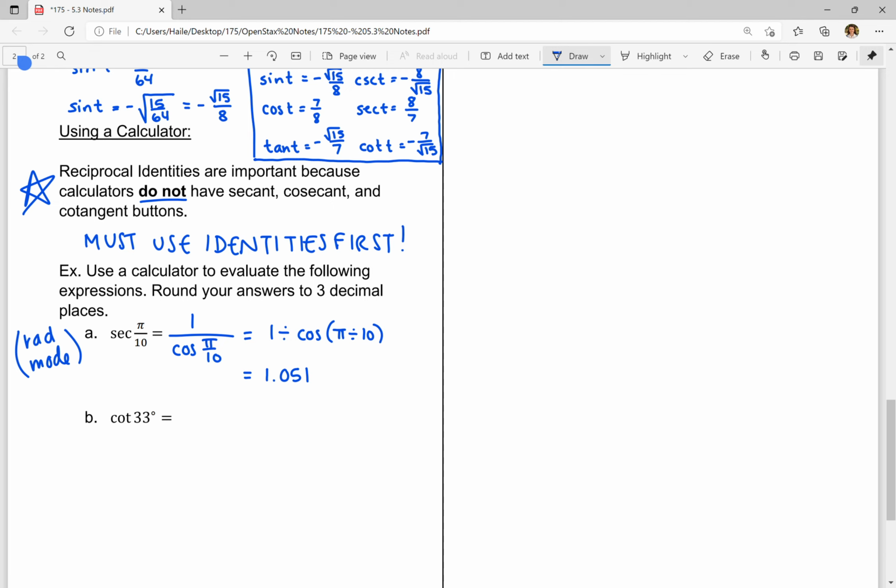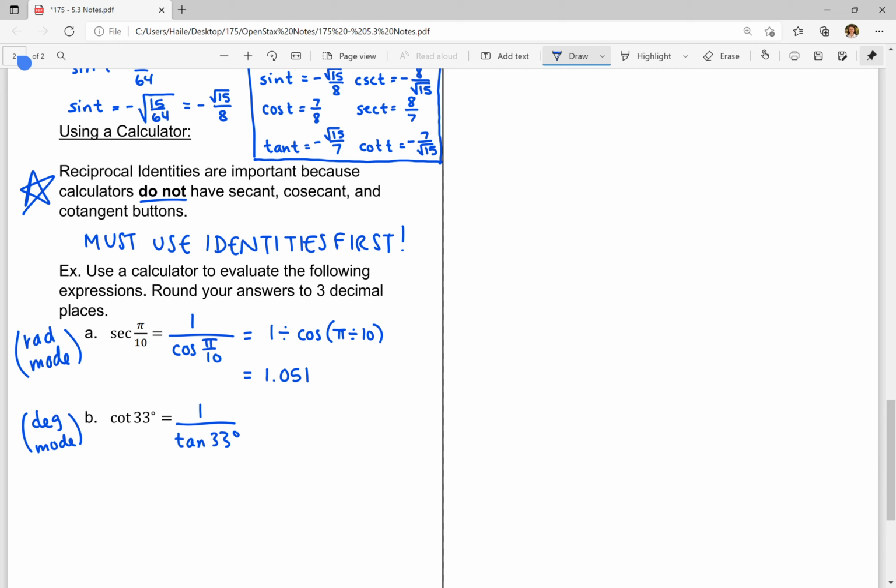Then for part B, we need to be in degree mode. Notice that our angle is 33 degrees, so that tells us we need to put our calculator into degree mode. Now we can say that cotangent is the reciprocal of tangent, so I can rewrite my problem as 1 over tangent of 33 degrees.